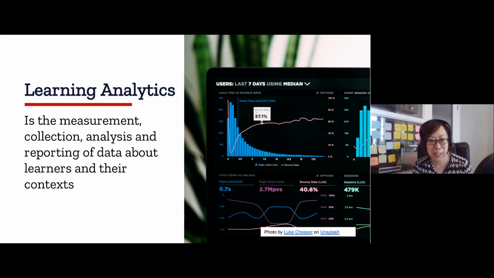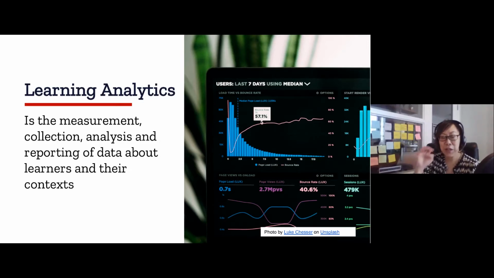Learning analytics is all about how we measure, collect, analyze, and report data that has to do with our learners, and also about how we understand the learning interactions. The goal of learning analytics is really the ability to interpret that data and turn it into meaningful insights that we can actually feed back to our staff.